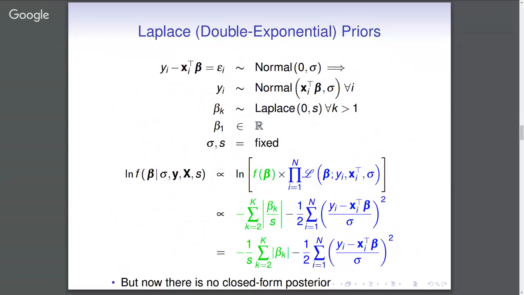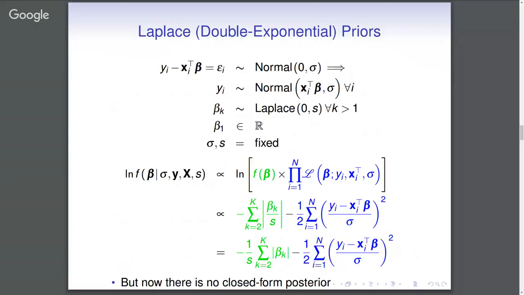If you do this in terms of PDFs, for beta, conditional on all that stuff, you have kind of the same likelihood that we had before in blue here. And then the logarithm of the prior, the Laplace prior on the coefficients, can be written as the absolute value of beta divided by s, where s is the scale parameter of the Laplace distribution.